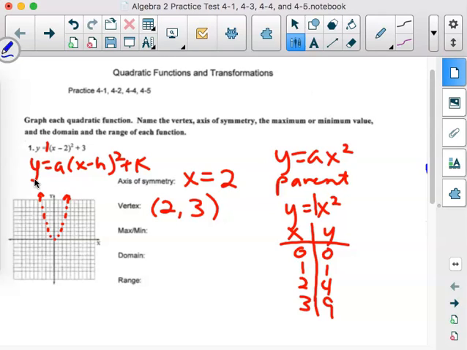So when I think about the transformations, I realize, well, it went 2 to the right and 3 up. So I take those really nice points that I had, 0, 0, 1, 1, 2, 4, 3, 9, and I just count and move those 2 to the right and 3 up.